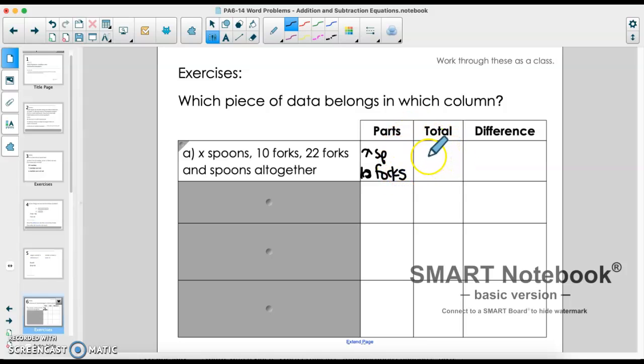The total then is going to be 22. Okay, and so what we would have here is, we would not need to use the difference. This would be a total. But basically, X plus 10 would equal 22. And so X is going to be 12 in this case. Okay, so there would be 12 spoons.